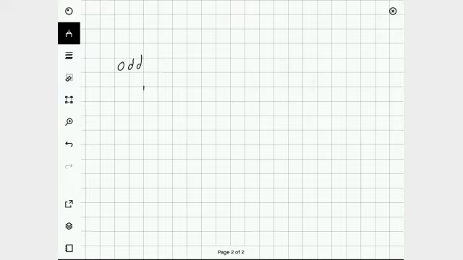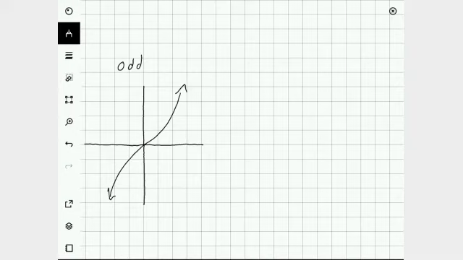An odd function is a function we describe as having symmetry about the origin. The way I think about this, if you take this picture and turn it so that it's upside down, right?